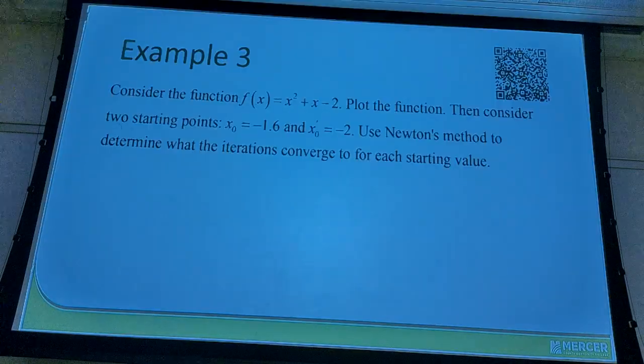First, we're going to plot it. Then consider the two different starting points, negative 1.6 and negative 2, and use Newton's method to determine what those iterations are going to converge to for each starting value. This one's not going to require the actual loop coding just yet.